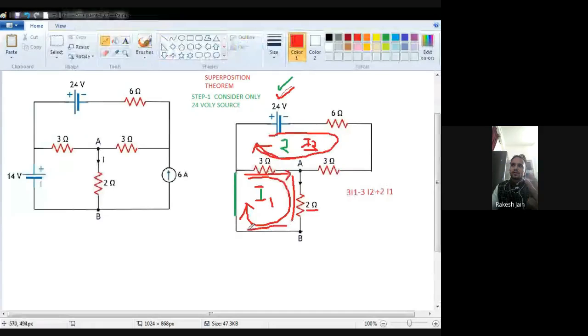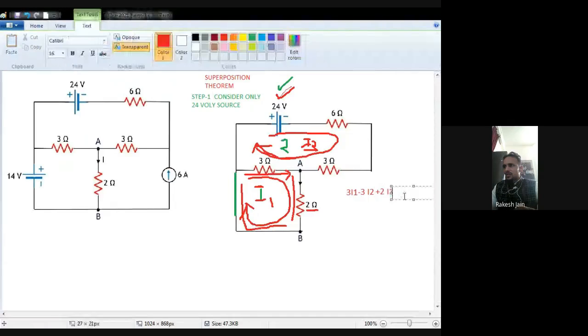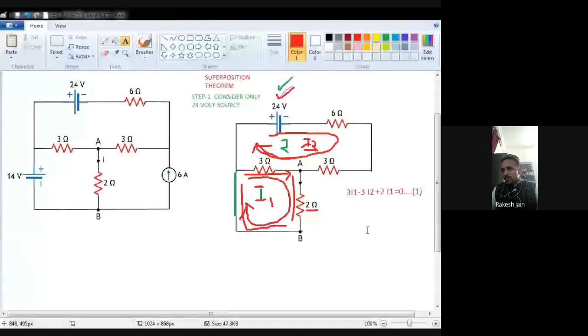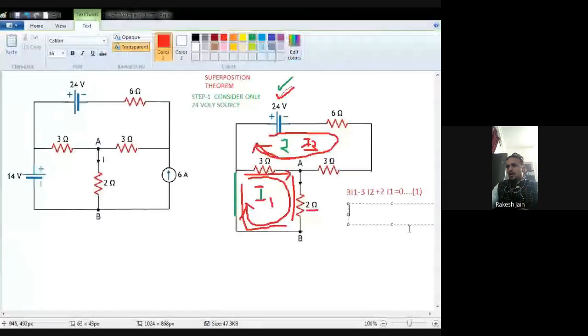I apply the mesh analysis and find out the current through the 2 ohm. Now what will be my answer? Because through the 2 ohm only the I1 current passes, that's why I1 is my answer of step number one. So write down first the equation for the first mesh and second mesh.